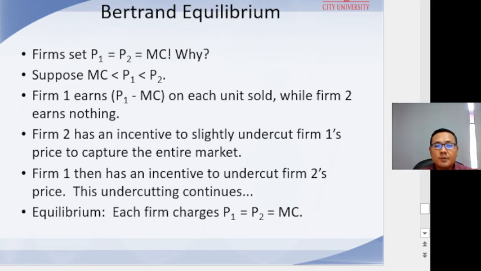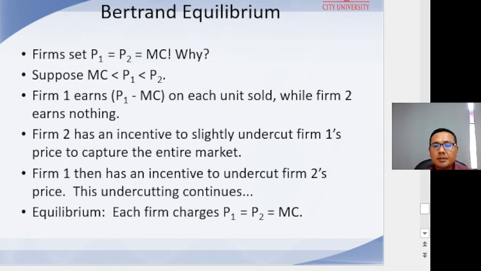Therefore, firm 1 would retaliate by undercutting firm 2's lower price, thus recapturing the entire market. So when would this price war end? When each firm charges a price equal to marginal cost, where P1 equals P2 equals marginal cost, right?